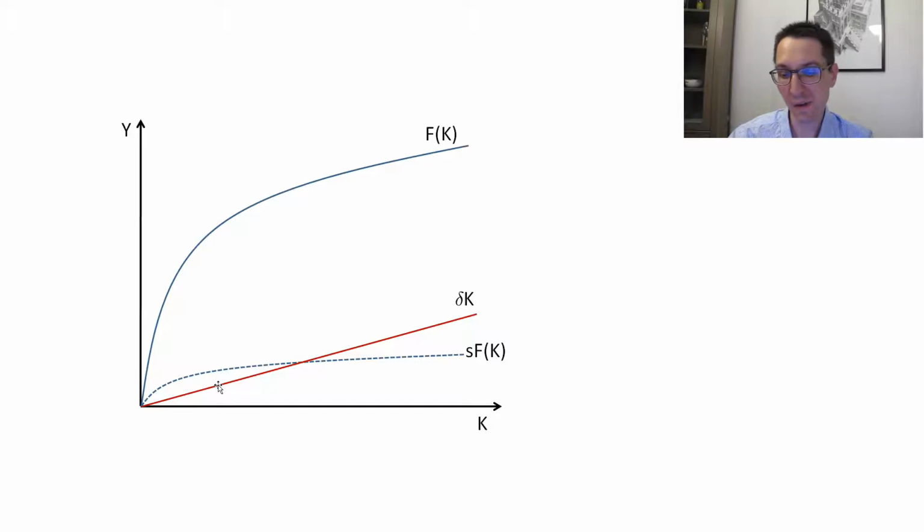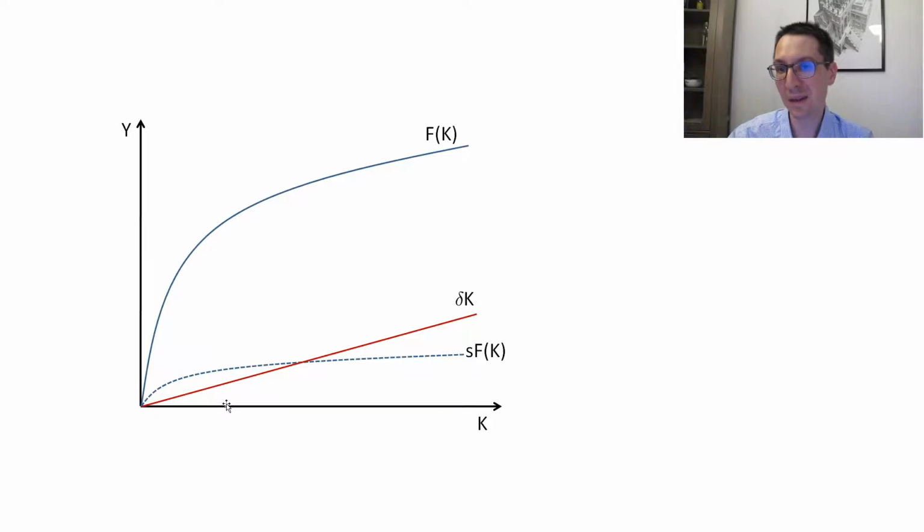And actually, if we were in discrete time, then if t is some year, I can just measure the difference in height between the two curves. And this gives me exactly the amount of capital I get next period. So I would move from here to here.